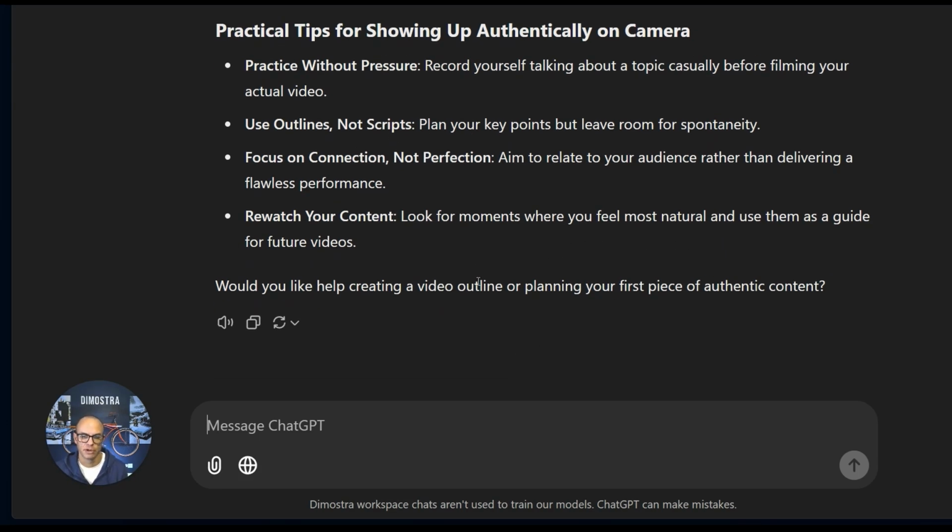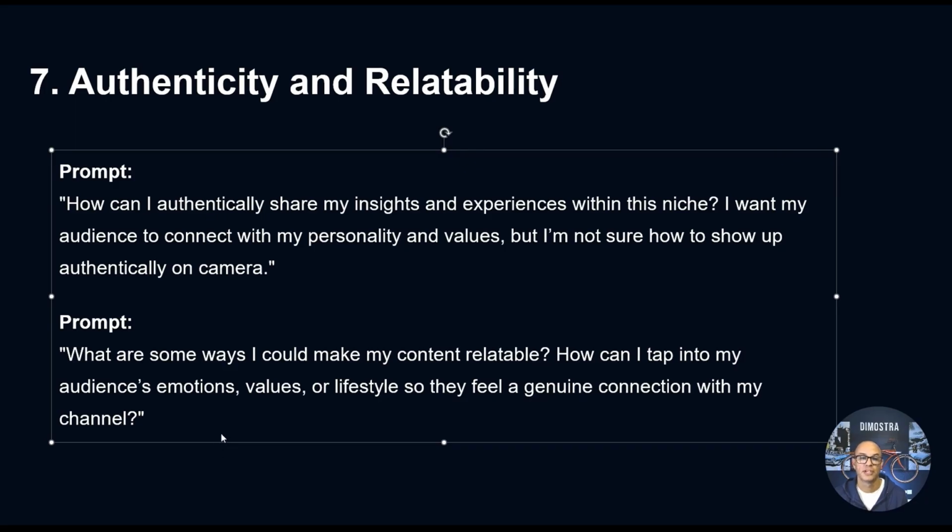That's great advice. The second prompt, what are some ways I could make my content relatable? How can I tap into my audience's emotions, values, or lifestyle so that they feel a genuine connection with my channel?